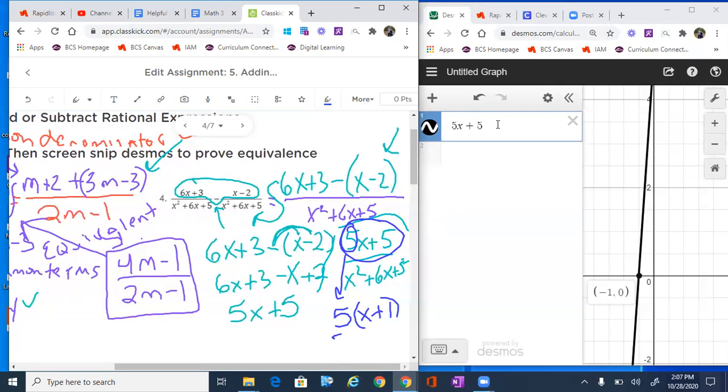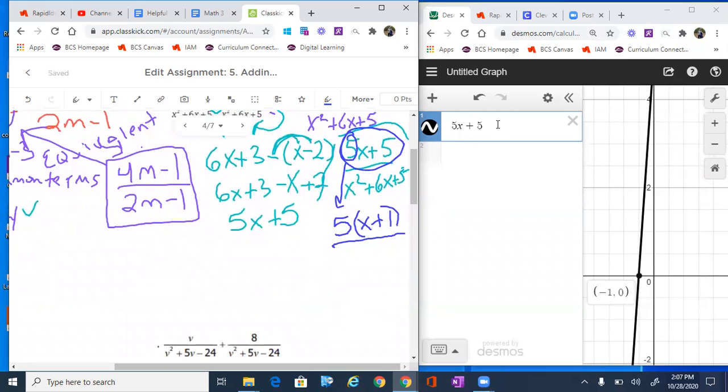Then I'm going to factor x squared plus 6x plus 5. And remember, that is simply two numbers that multiply to 5 and add to 6. Two numbers that multiply to 5 would be 1 and 5, and 1 plus 5 is 6. So it would be x plus 5 and x plus 1.